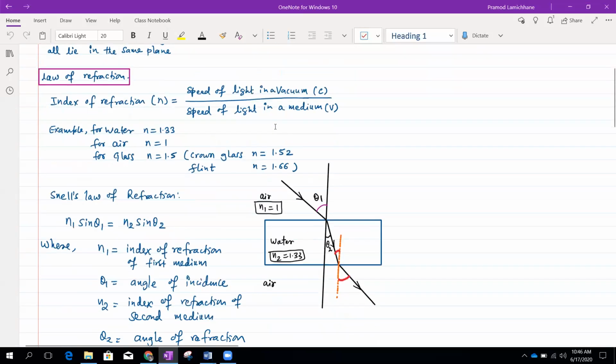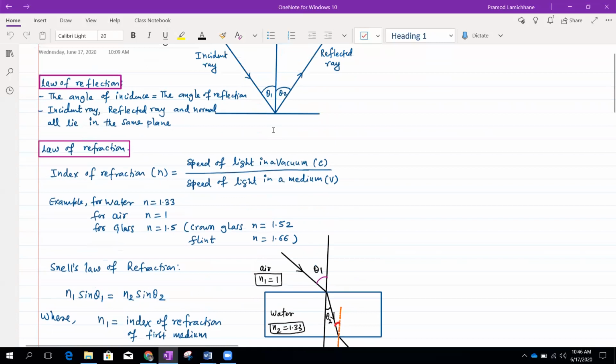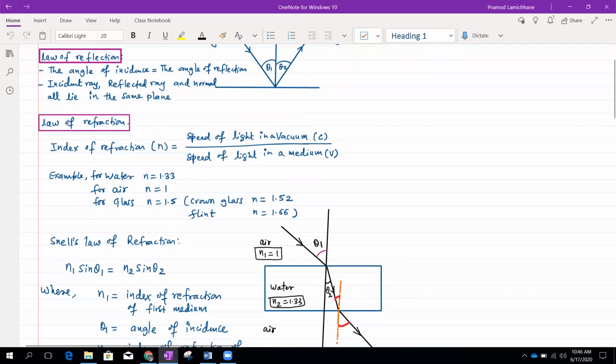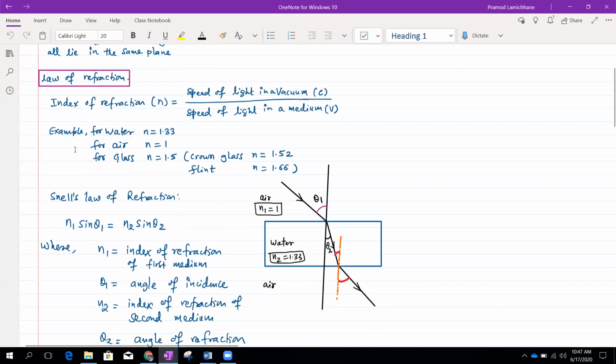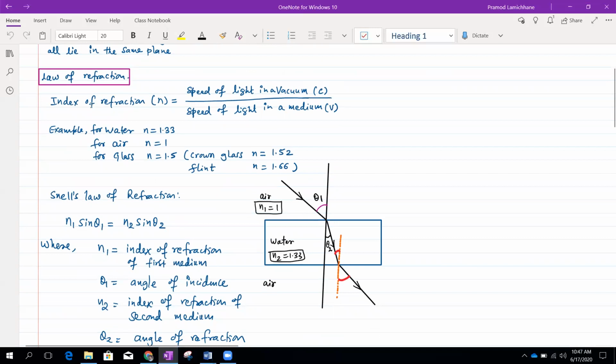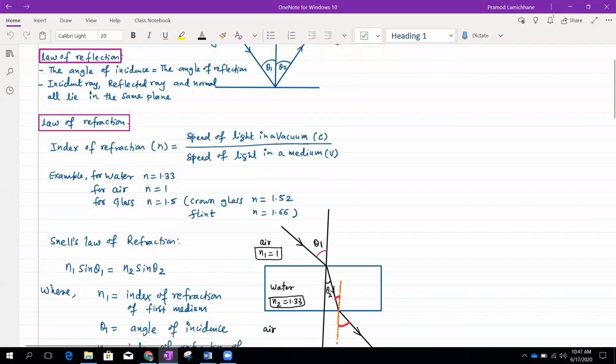So what about the law of refraction of light? To study the law of refraction of light, let's discuss the index of refraction first. The index of refraction is defined as the ratio of the speed of light in a vacuum and the speed of light in that medium.